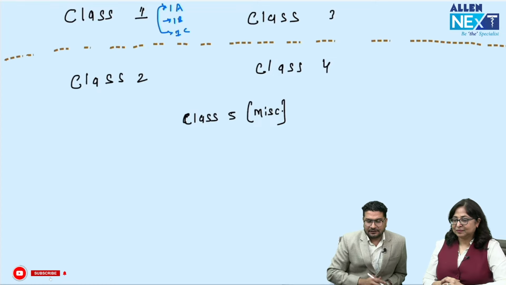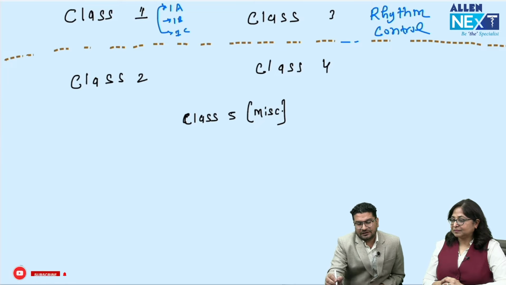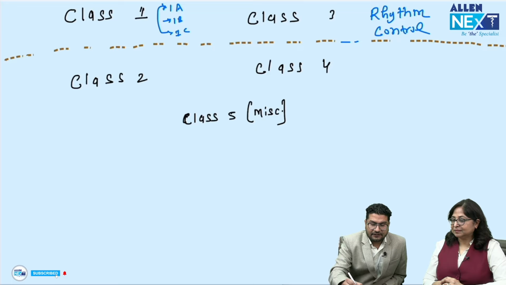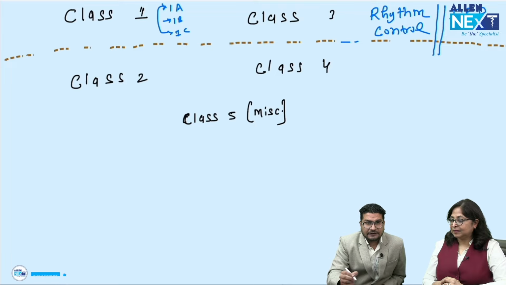These are the drugs we call a rhythm control strategy. What is the meaning of rhythm control strategy? These are the drugs we generally recommend in IPD patients, because these drugs are toxic. They themselves can precipitate another type of arrhythmia. So these are given on an IPD basis.